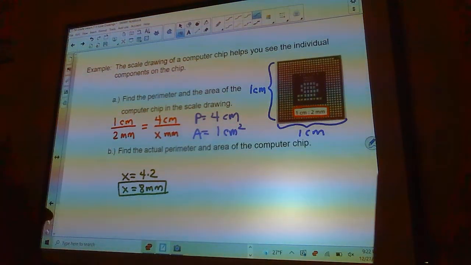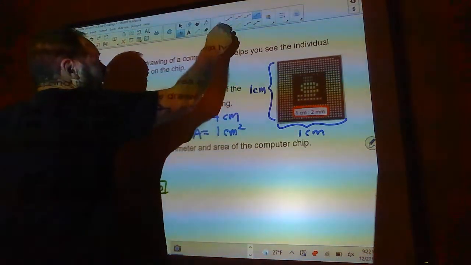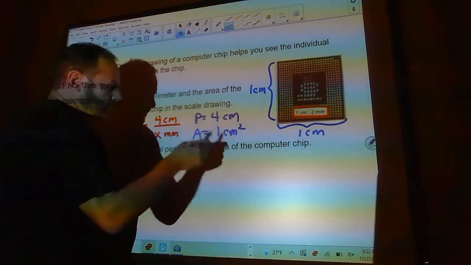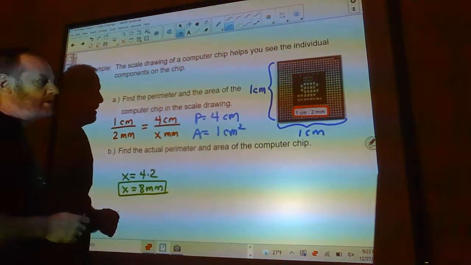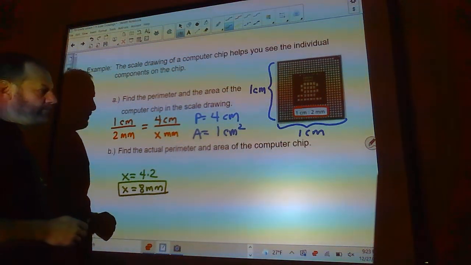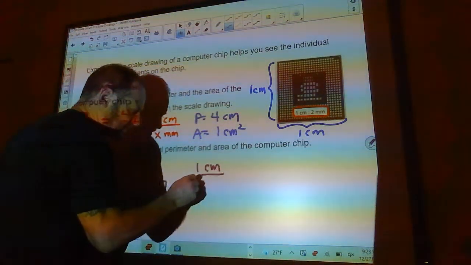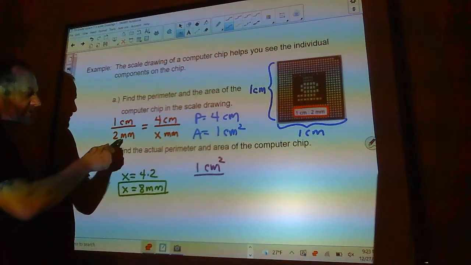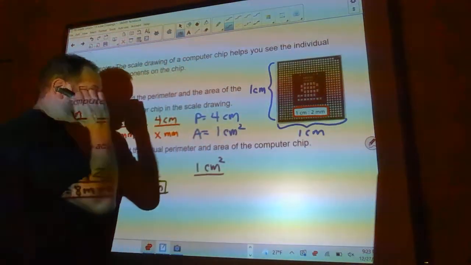Now we've got to find the actual area. So the actual area is going to be, okay, the model is 1 centimeter. 1 times 1 is 1, so it's 1 square centimeter, is to, this is 2 millimeters by 2 millimeters.